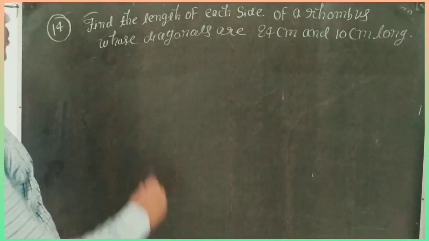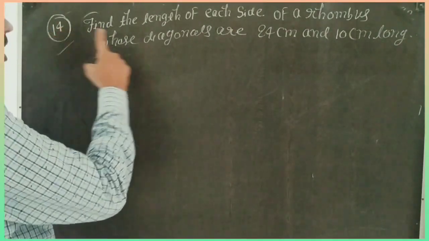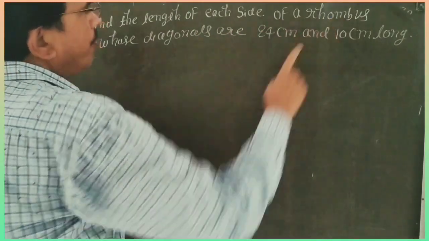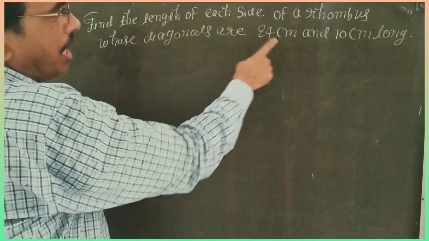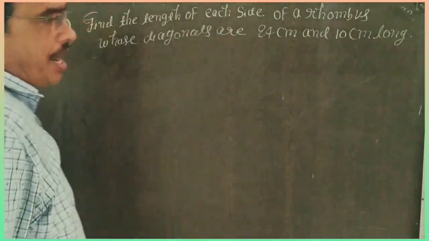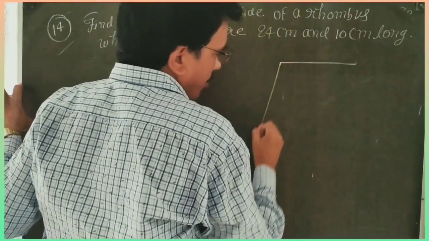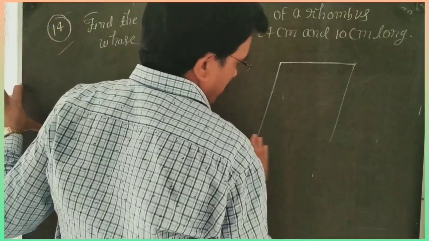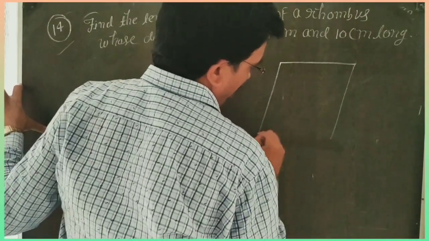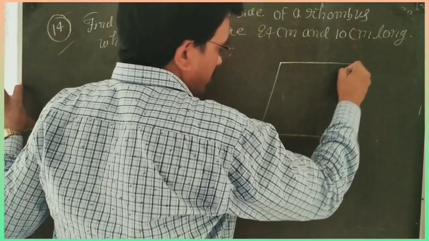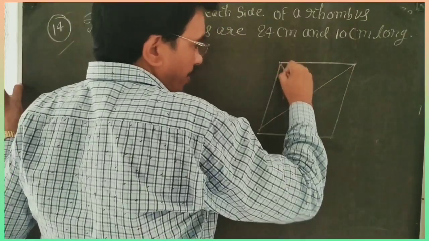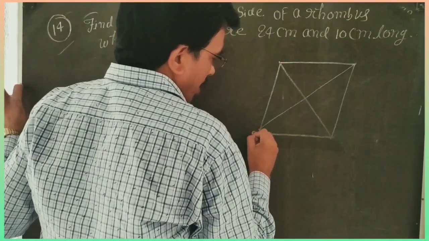Now question number 14. Find the length of each side of a rhombus whose diagonals are 24 cm and 10 cm long. First, it is given a rhombus. In a rhombus, all sides have equal length and the diagonals bisect each other at right angles.